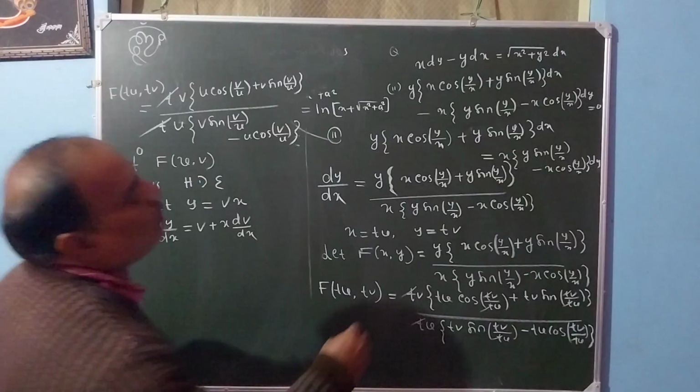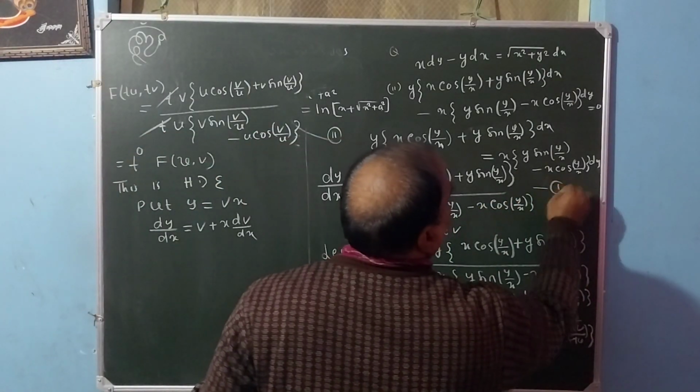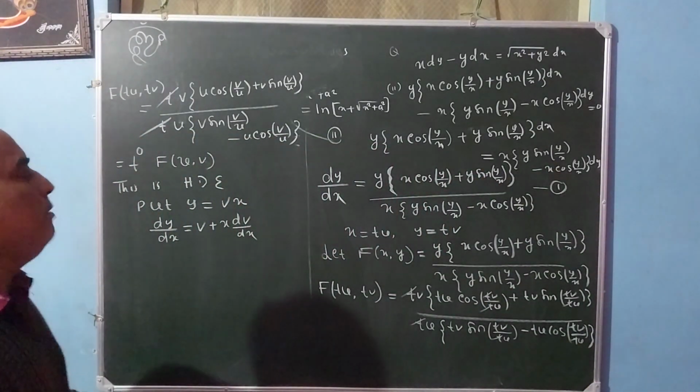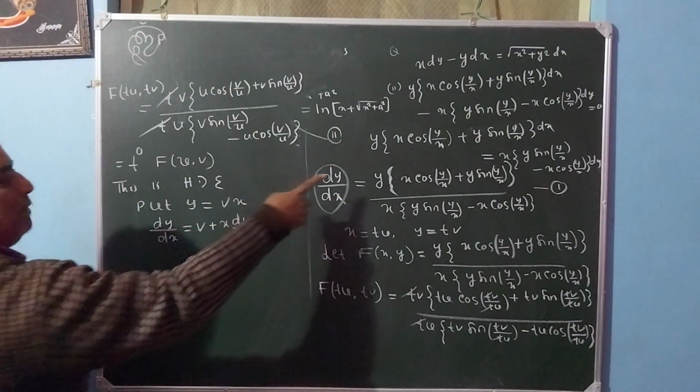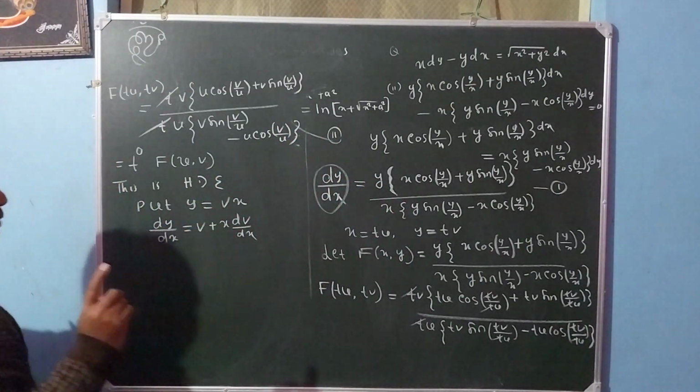So this equation 1 becomes: in place of dy by dx we put this, and in place of y we put vx.